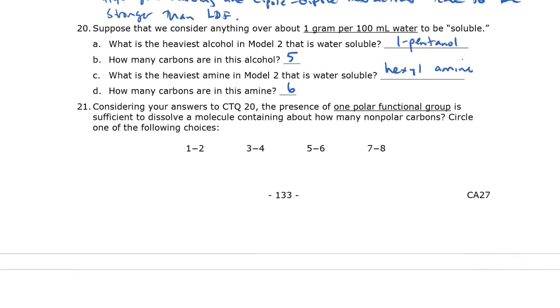So, considering those answers, the presence of one polar functional group is sufficient to dissolve, to make soluble, a molecule containing about how many nonpolar carbons? Circle 1, pause now. You picked this, right? 5 or 6 carbons.